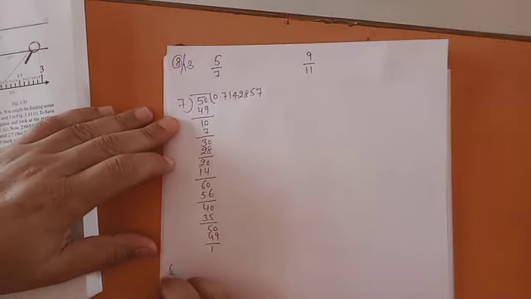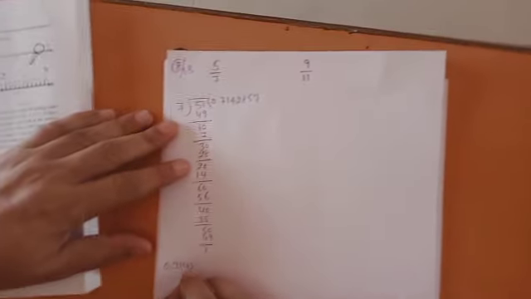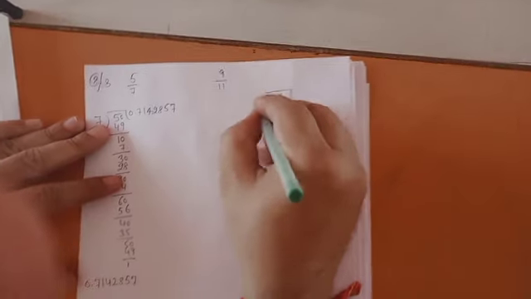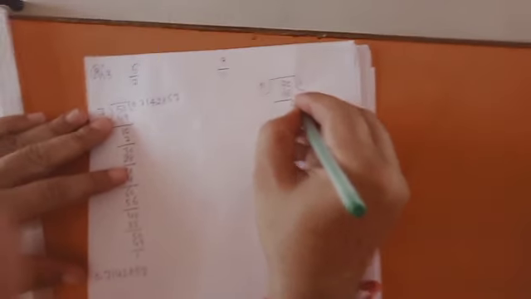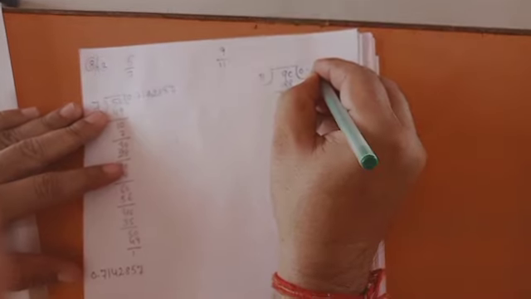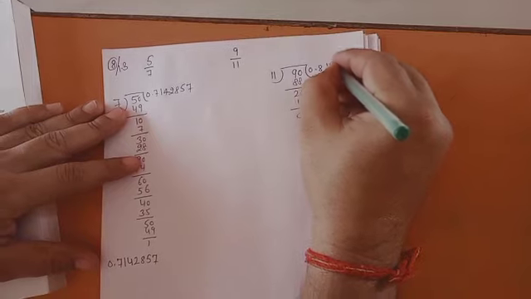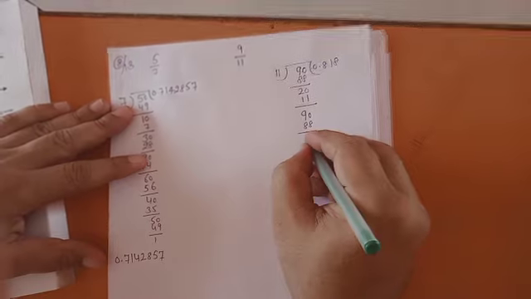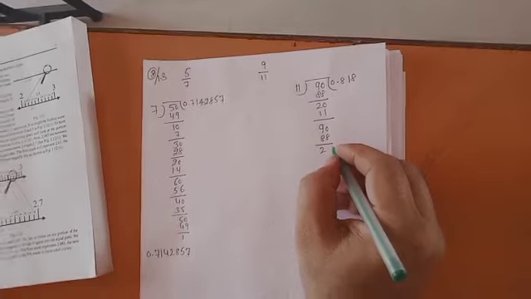So you can write 0.714285. Here 9 divided by 11: 0.8 is 88. How much? 2. 11 1s are 11. 9. 11 8s are 88. Again how much? 2. So 5 by 7 is also a rational number.